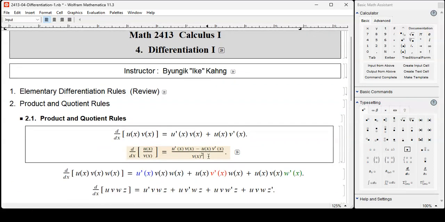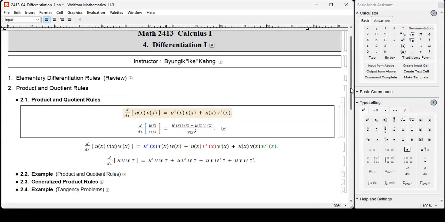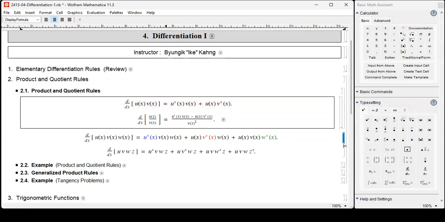That's so conspicuous that not many people miss it. The numerator here, u prime v minus u v prime, is the very same as the product rule except for the sign, plus becomes minus. Once you keep it that way, then you're not going to lose this. Still, I see a lot of students getting things mixed up.